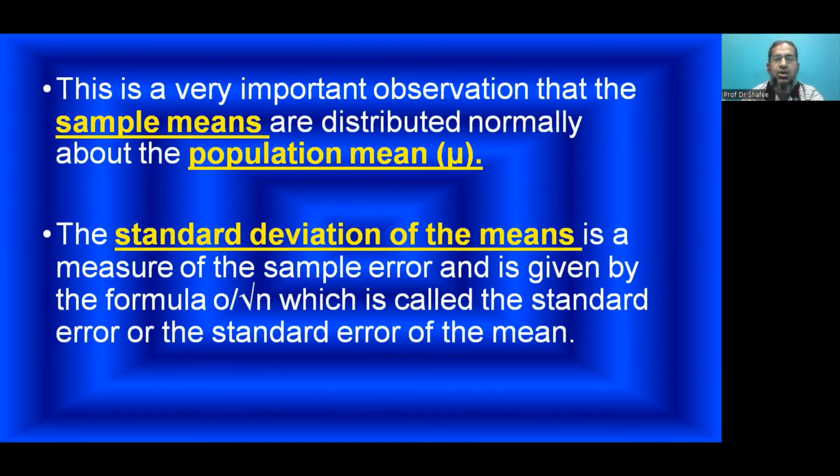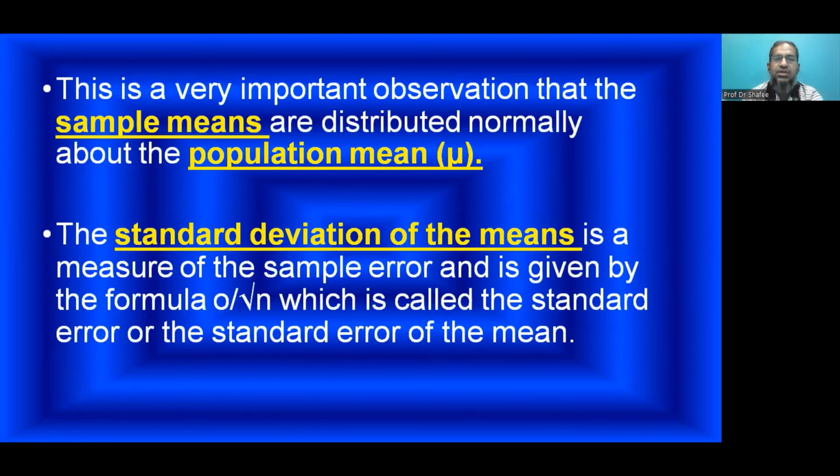When we draw various samples from the same population, find out the means, and plot these means, we get the normal distribution. Here the sample means will be distributed around the population mean.